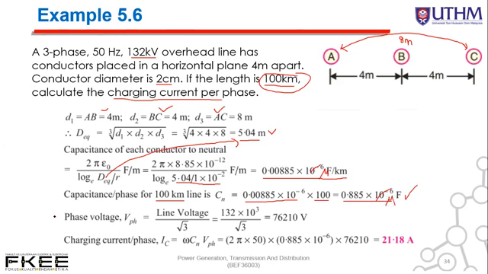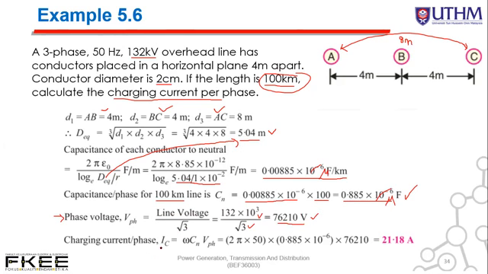Given the line voltage, we can calculate the phase voltage, which is line voltage divided by square root of 3. Line voltage is 132 kilovolts, divided by square root of 3, we got phase voltage 76210 volts.